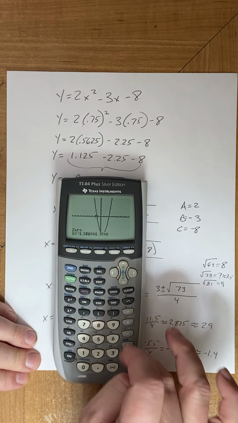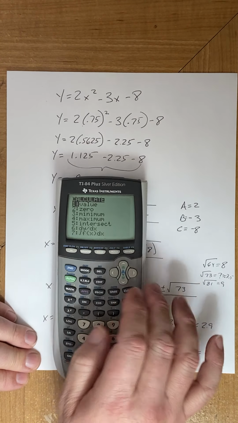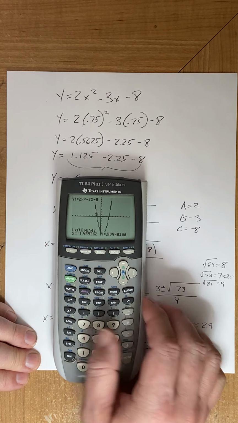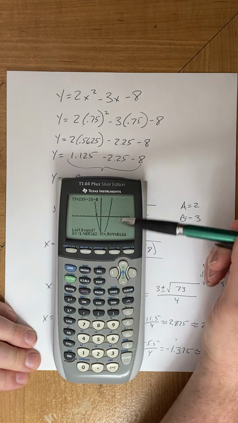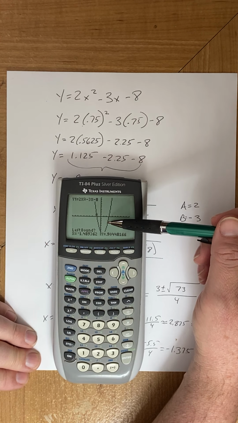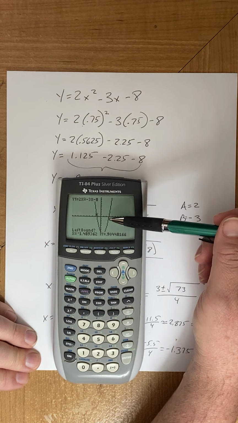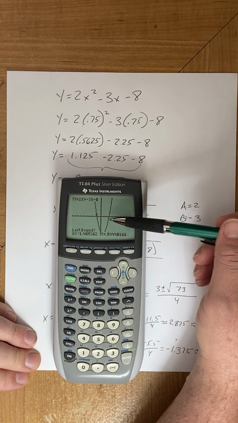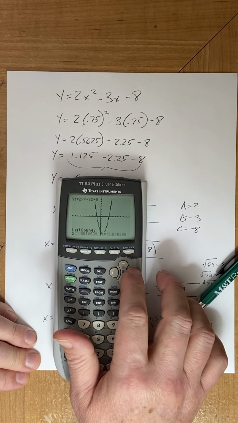And last time we're going to do the other zero. And we're going to get that left bound, right bound. Now this time, the left bound is going to be before or underneath, and the right bound is going to be above, because again, we want to find the area in between these two right here. So I'm going to bring it all the way over.